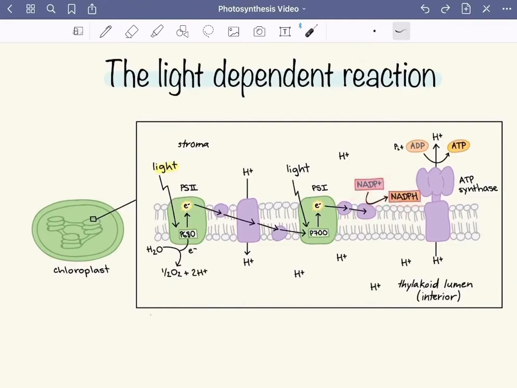The electrons lost from photosystem 1 are replaced by the de-energized electrons from photosystem 2. The electrons lost from photosystem 2 are replaced following the photolysis of water. The products of the light-dependent reactions, ATP and NADPH, are used in the light-independent reactions next.